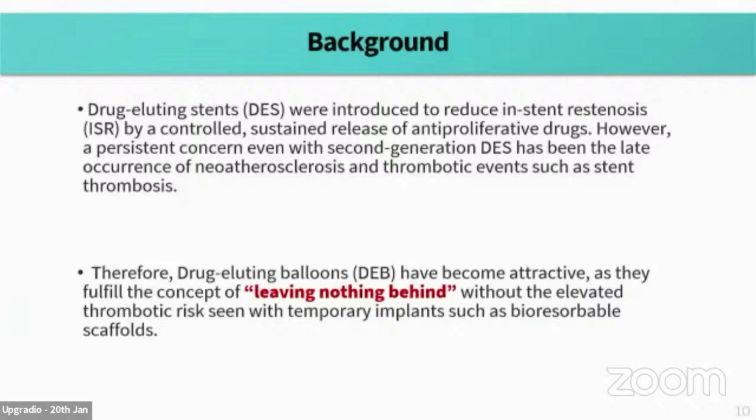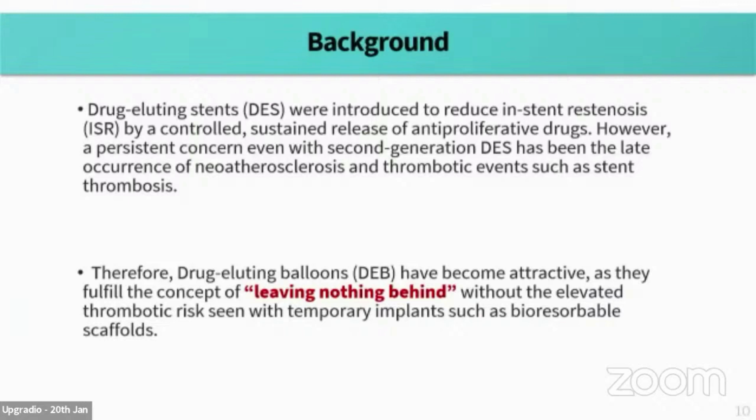The world is trying to make a metal-free coronary, a metal-free vessel. We tried with Absorb and other biodegradable stents, but unfortunately there were problems like late thrombosis. So for the last 5 to 7 years, we have mainly been focusing on the drug-eluting balloon, and indications are expanding.